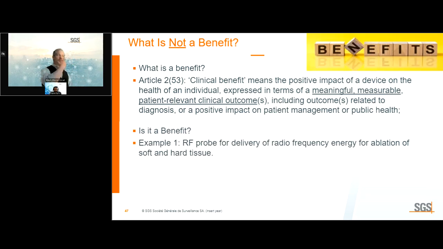So let's start looking at some examples. And again, some more questions, because clearly I like questions. So we have a device, an RF probe for the delivery of radio frequency energy for the ablation of soft and hard tissue. Is this a clinical benefit? Yay or nay?